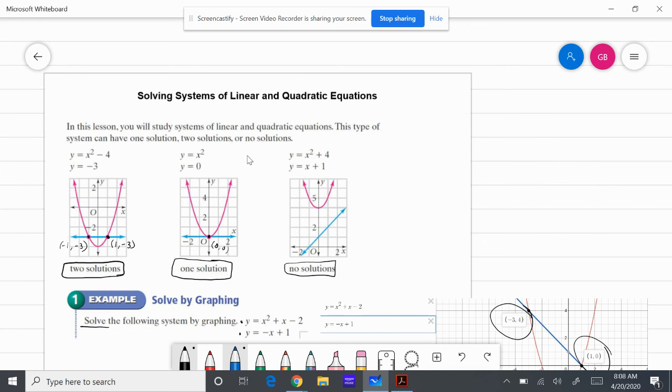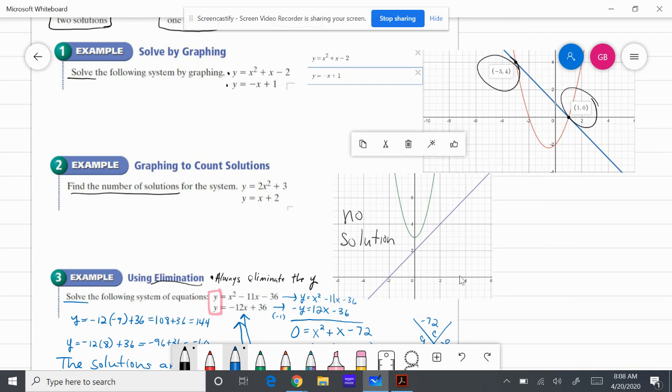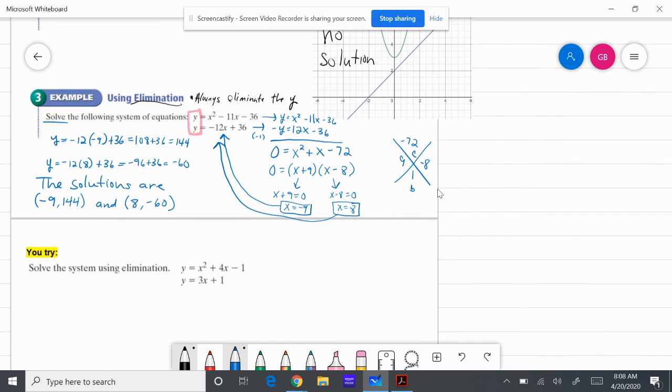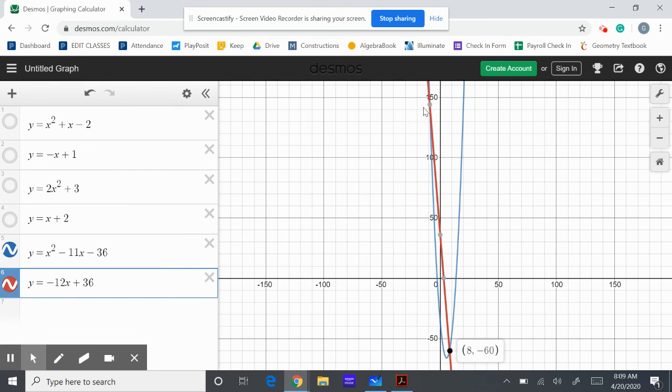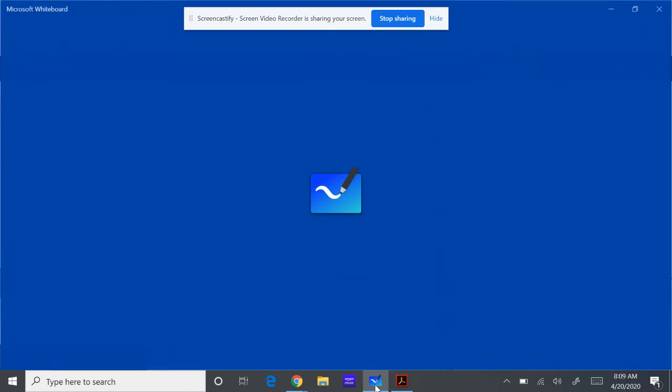Let this load again. That's here, 8 comma negative 60. And they also intersect up here at negative 9 comma 144. So those are our two solutions.